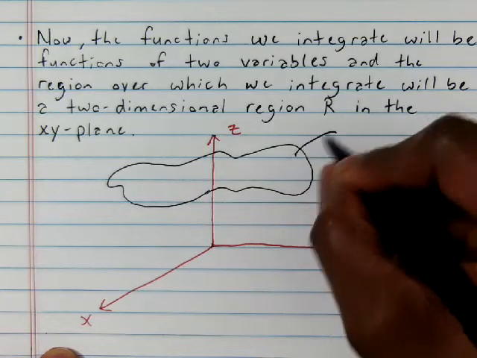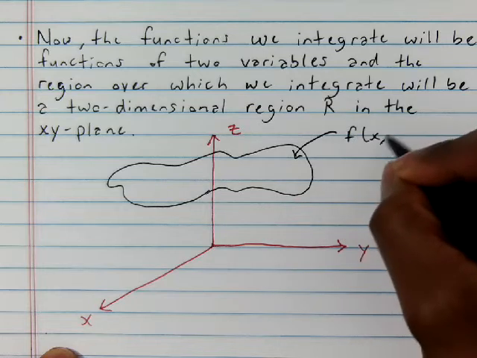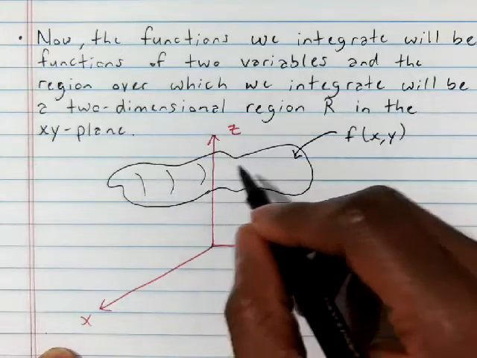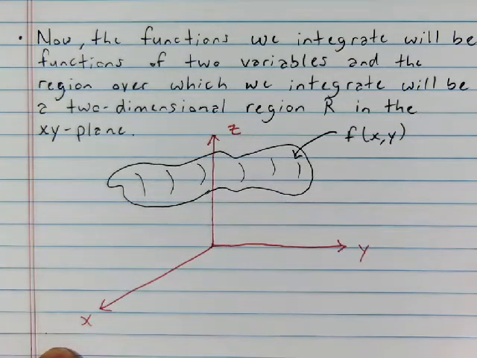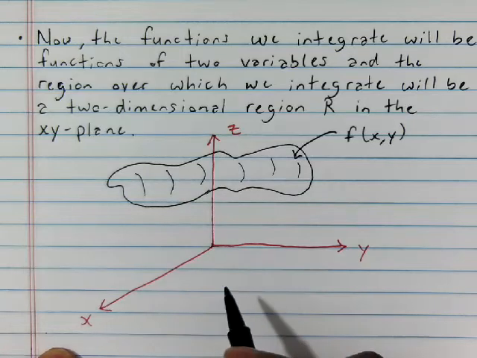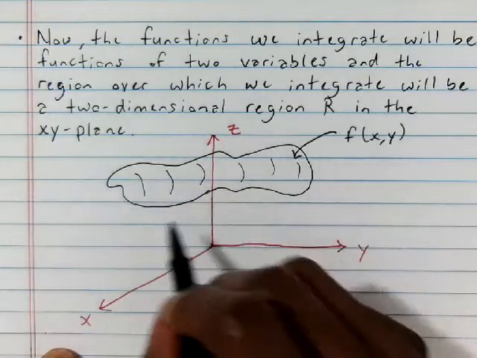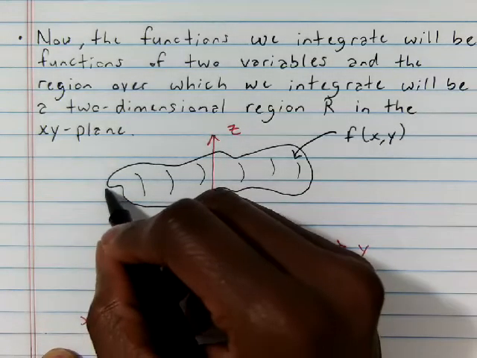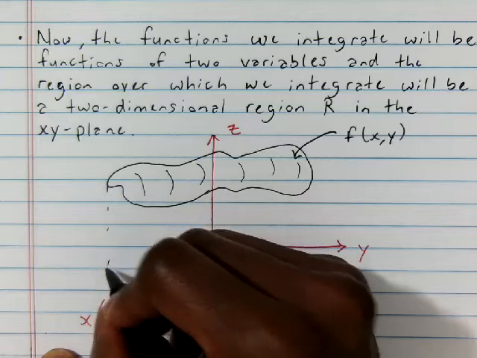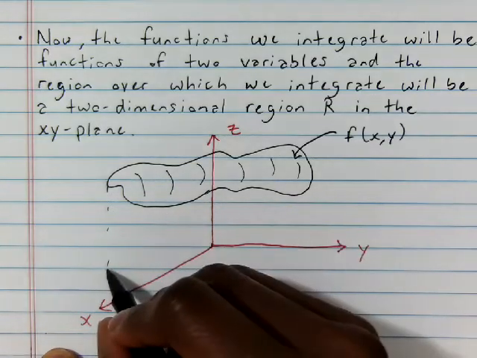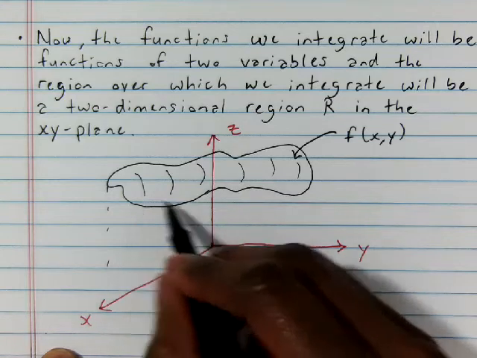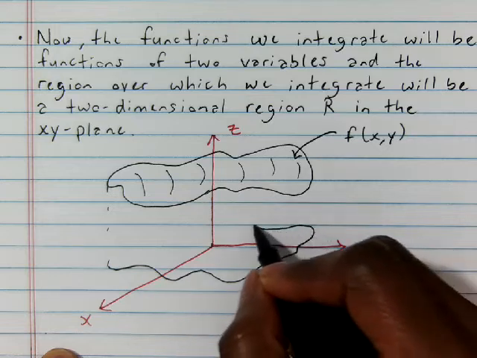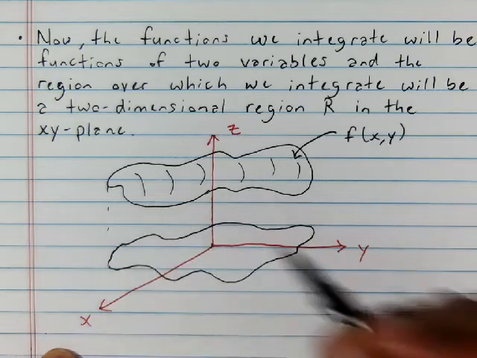So this is f of x, y, that's our little surface. So now what we're considering is we want to integrate this function over some region R in the xy plane. So let's just sketch some region R down here. So say that's our region R.